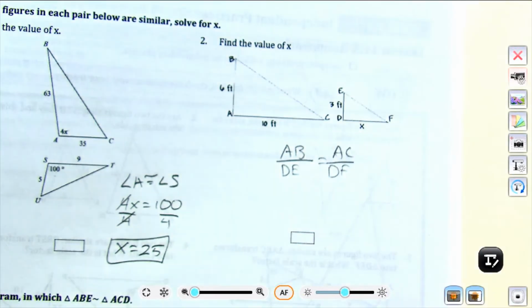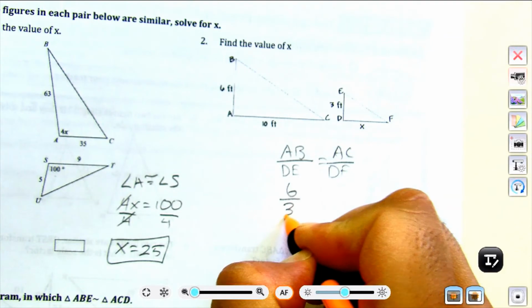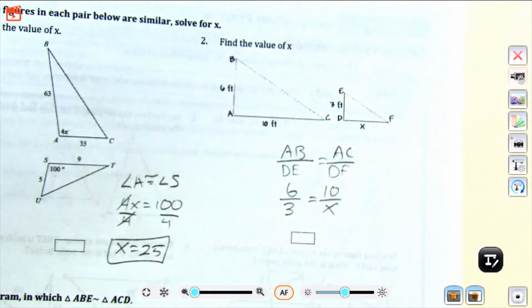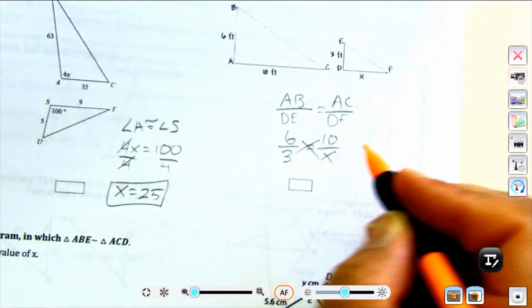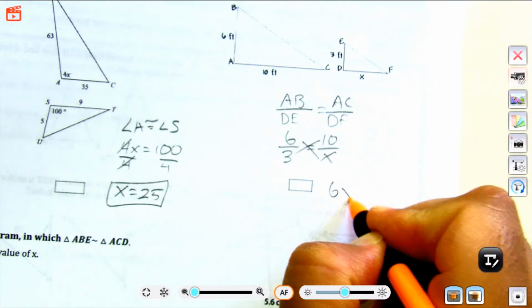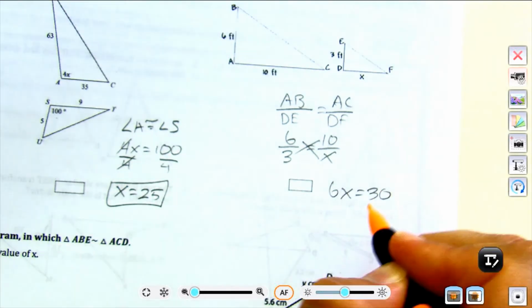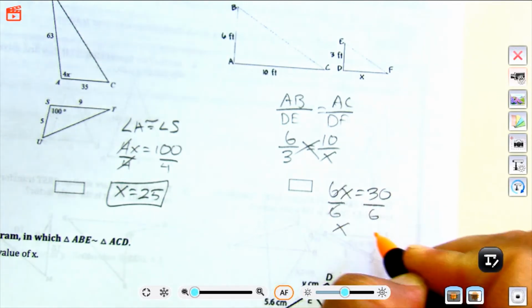Substitute the values, so we have 6 over 3 is equal to 10 over x. We could cross multiply and we get 6x equals 30, and divide both sides by 6 and x is equal to 5.